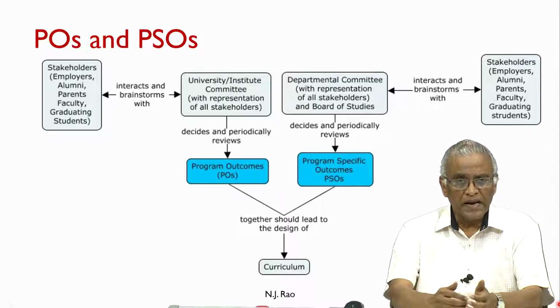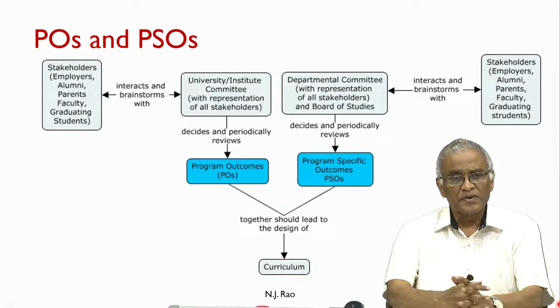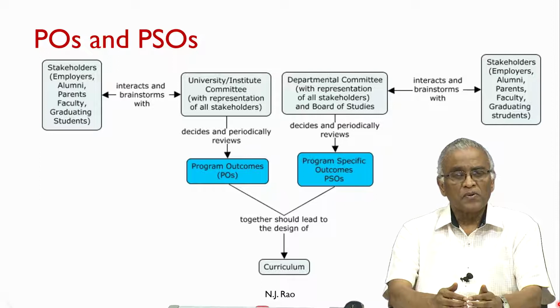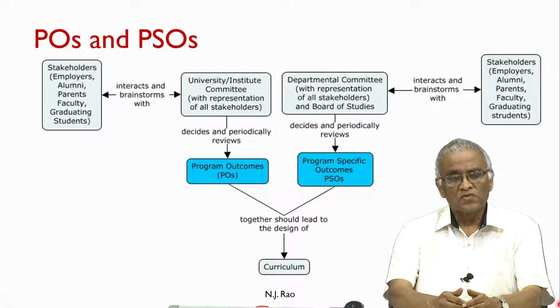Though in practice right now it does not happen that way, as far as possible you should start with POs and PSOs and then make adjustments to the curriculum in such a way that the desired POs and PSOs are attainable and are actually attained.